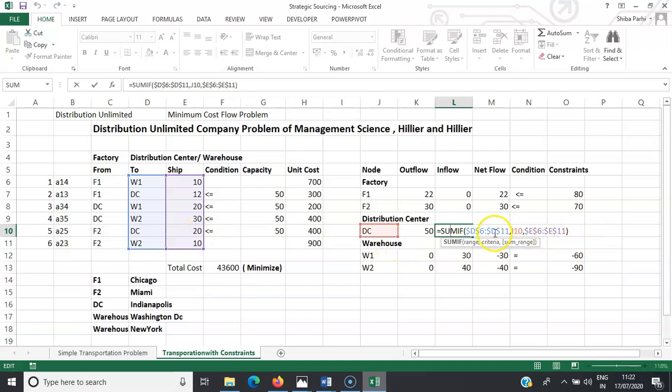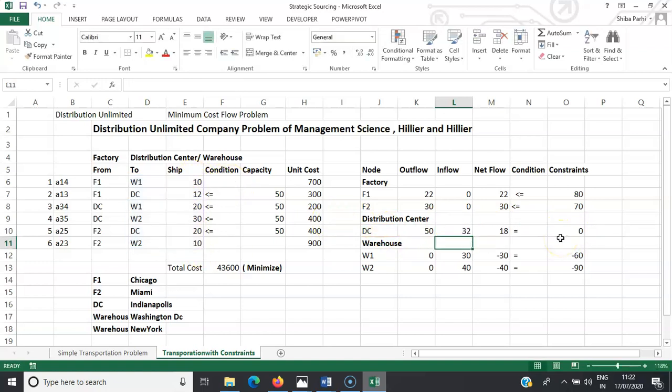So this is the way we have put it: this range is this column, and the criteria is DC J10, and this shipping is this column here. And we can see this is the way. Similarly we can get W1 and W2 here, the warehouses 30 and 40.